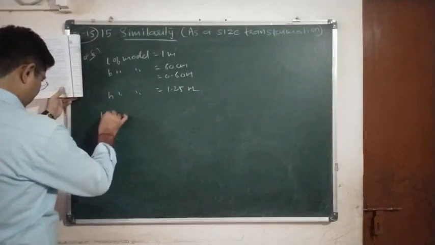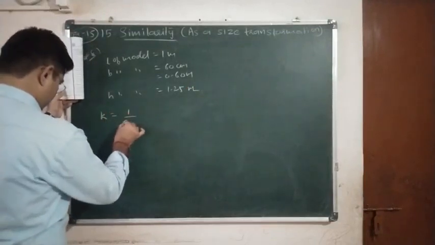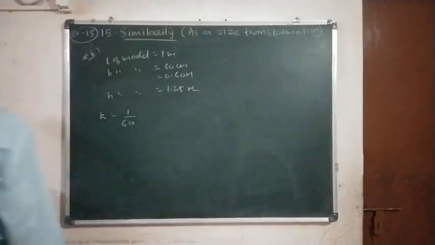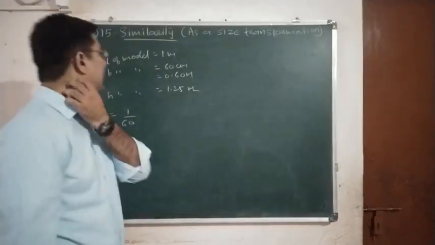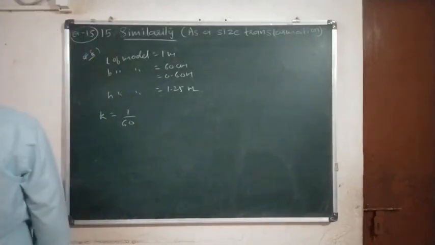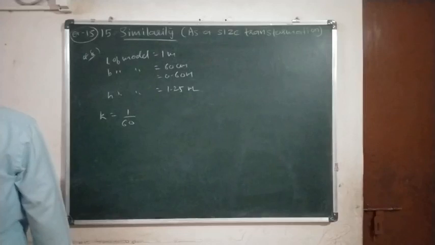Clear? The scale factor K is 1:60, that is 1 upon 60. Actual dimensions of the building, actual length, breadth and height in meters, we have to find out. Clear? In meters.